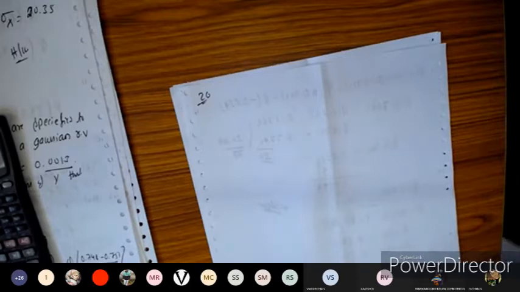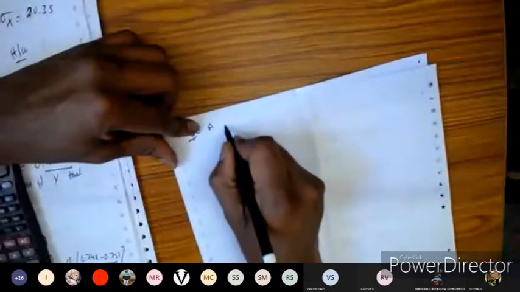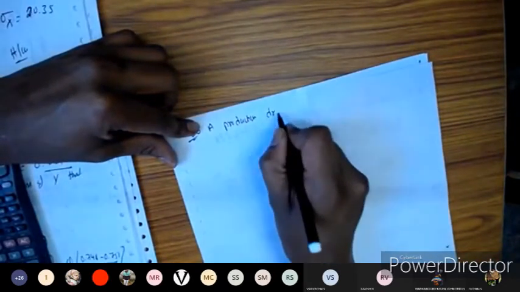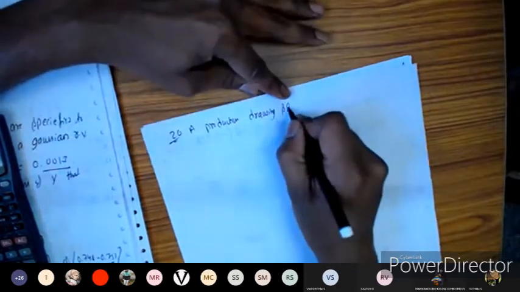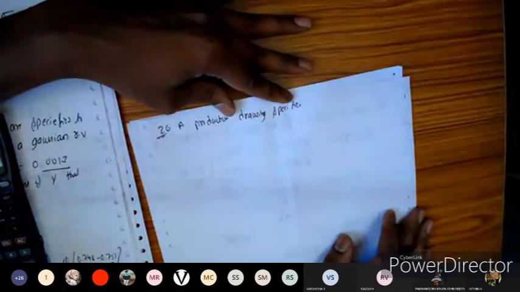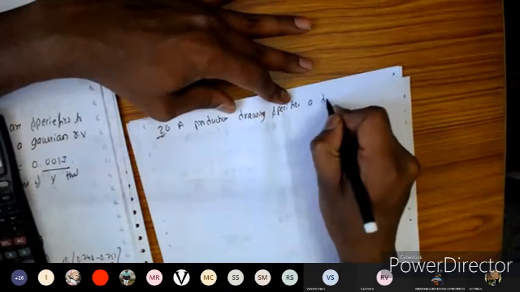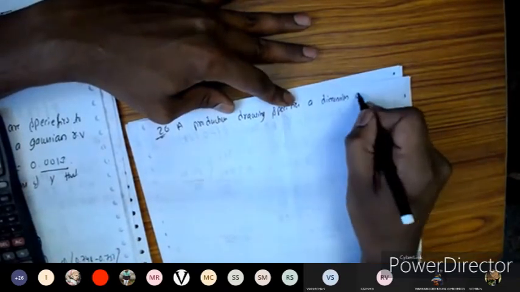A production drawing specifies a dimension on a PCB.